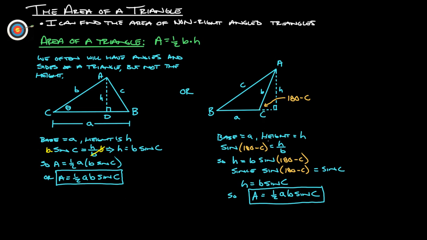So there's our sine of 180 minus C, which is the height over side b, not necessarily the base. Anyway, it ends up being the same thing. Area is 1/2 ab sine C.